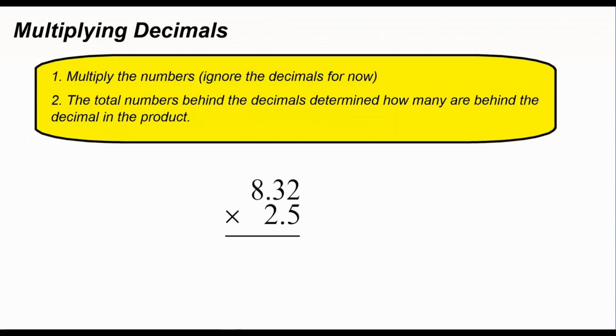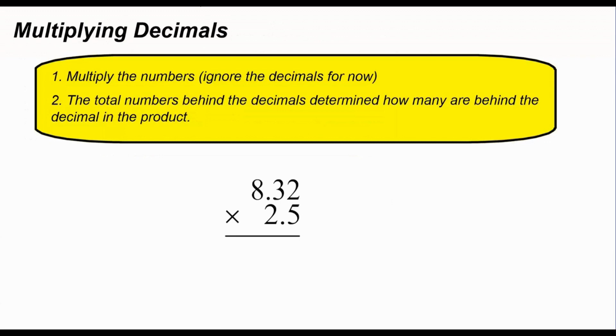So multiplying decimals. Recall, you just multiply the numbers, and we're going to ignore the decimals for now. And then to determine where the decimal goes in the product, the total number of numbers behind the decimal in the problem determines how many numbers are behind the decimal in the product. So for example, we have 8.32 times 2.5. To multiply this, I'm just going to multiply it as if the decimals weren't there.